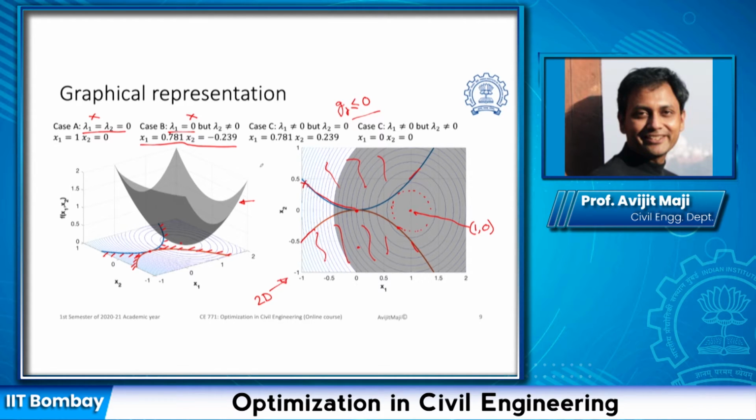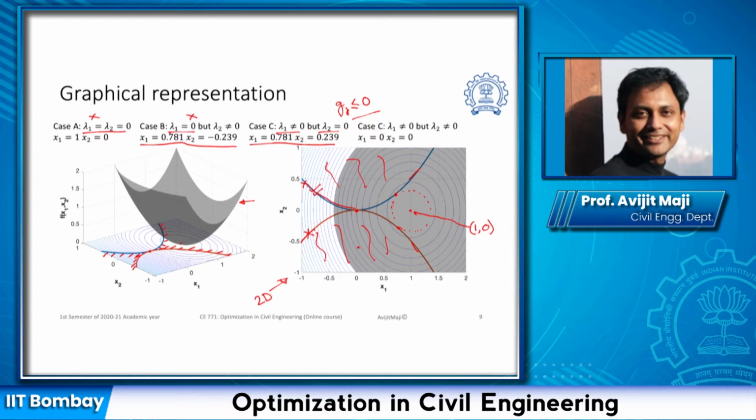Now let's look into the case C. In the case C, we said that the first constraint is active and the second one is not, which means this is active, this is not. And if we say so, then our obtained solution is x1 is equal to 0.781 and x2 is 0.239, and that point is going to be somewhere here, which is part of the same objective function contour value, which is here.